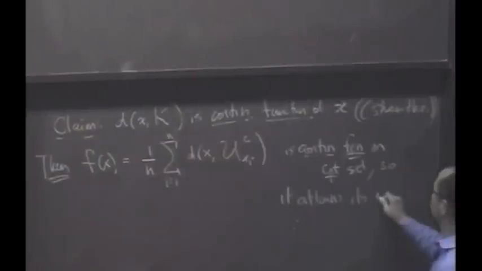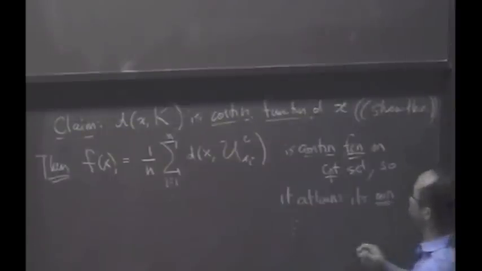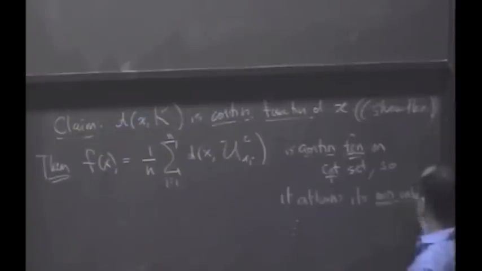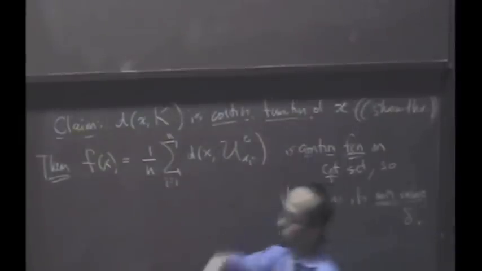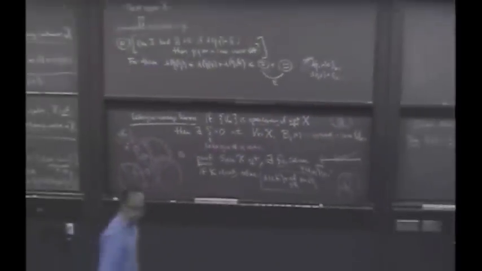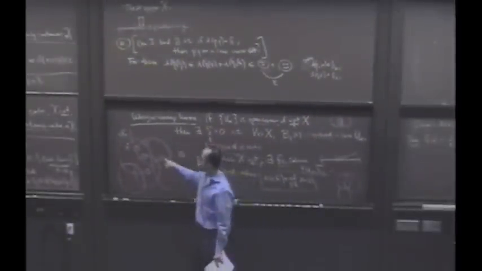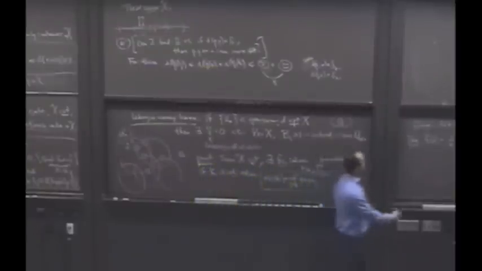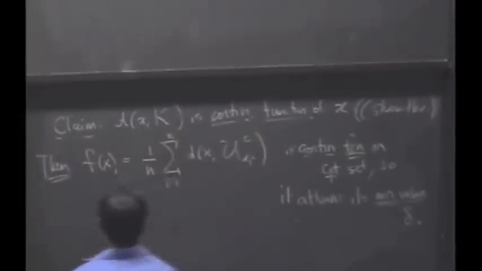I have no idea what its minimum value is, but it attains it. Let's call it delta. What would it mean for the average of a bunch of distances to be at least delta? It'd mean one of them is at least delta. And that's all I need. And that's the set that the pancake falls in.